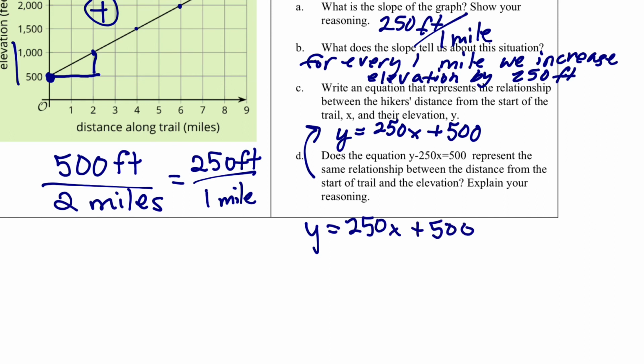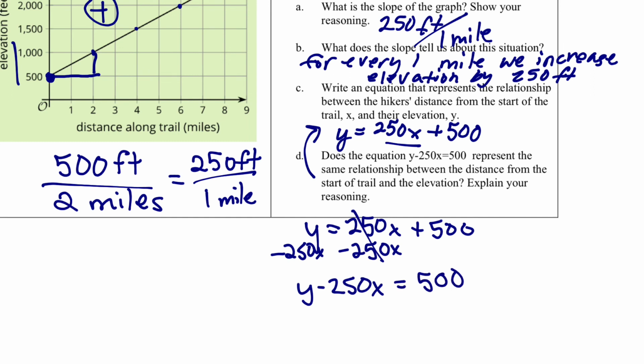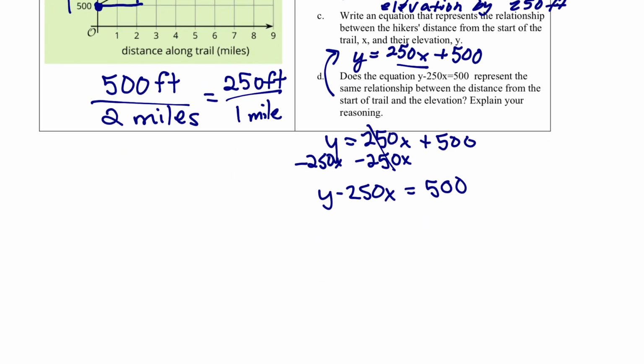Well, if I wanted to move this 250x to the other side, I would subtract it from both sides. So that would then give me y minus 250x equals 500. And so yes, they are equivalent, and so they do represent the same relationship.